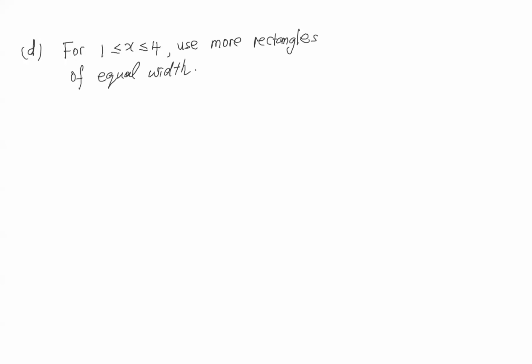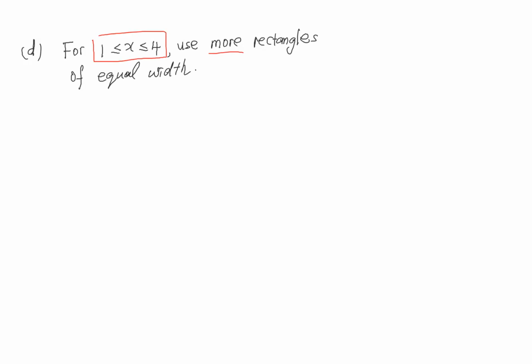So if any of this component is missing, you get 0 mark. This part is only 1 mark. If you don't have the limit, then what are you trying to draw? You ask me to draw more rectangles, for which limit? You didn't say. So you don't deserve the 1 mark. And when you say more rectangles, it is understood.